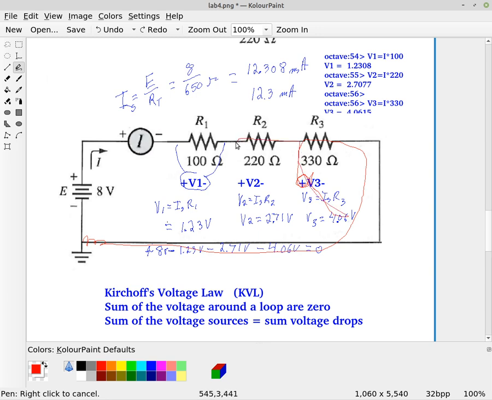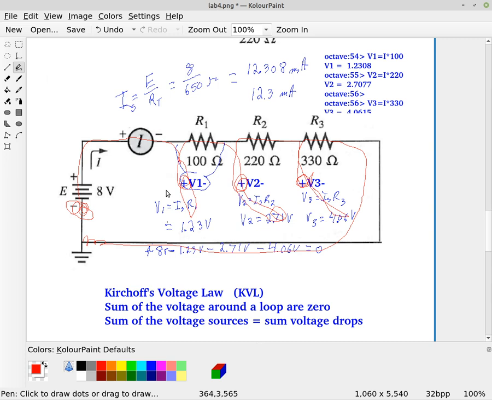And then as I come through here, I look at that, oh, that's a plus sign. I went up another 2.71 volts. And then as we go through here and I come out, it's a plus sign. So I went up another 1.23 volts. And then as I come through here, now I went down 8 volts.